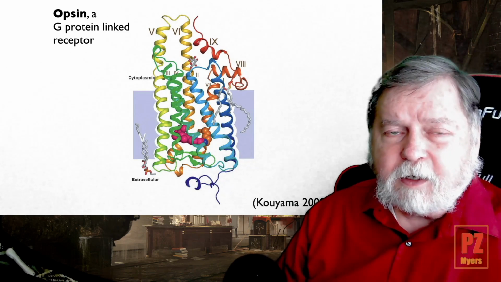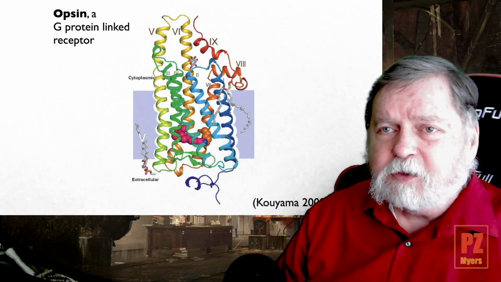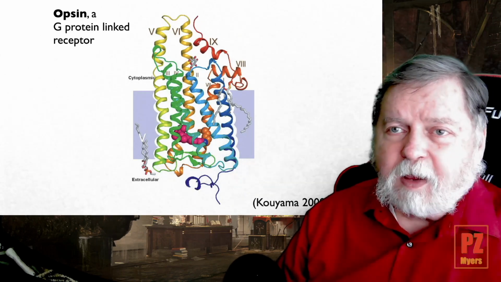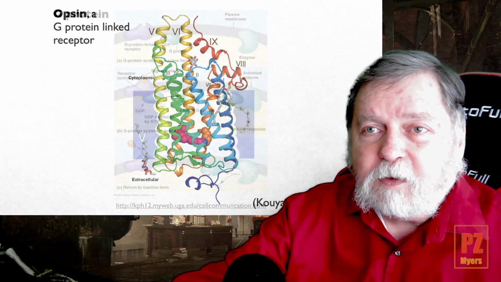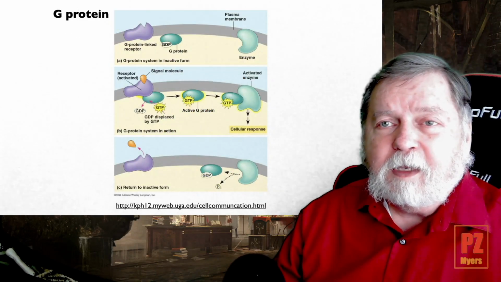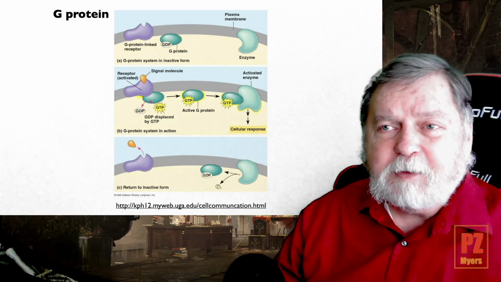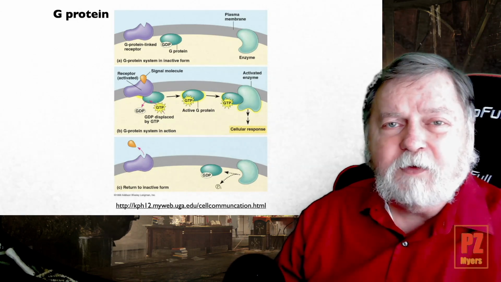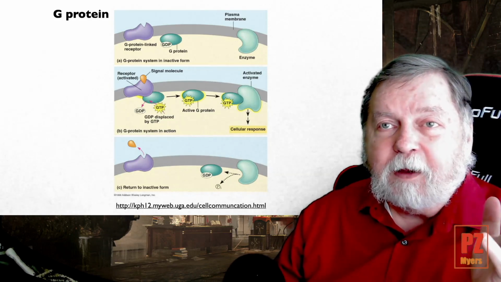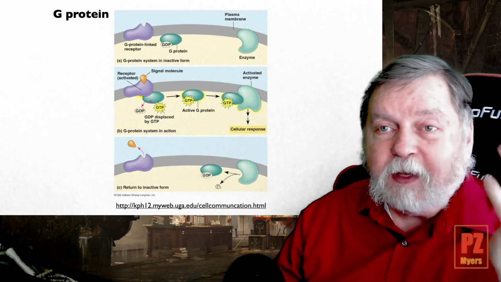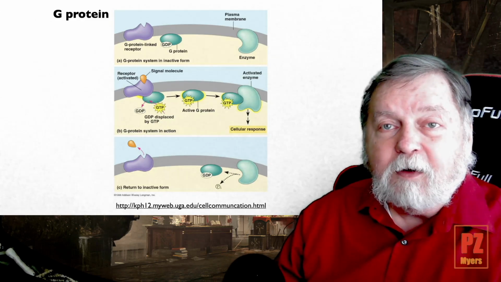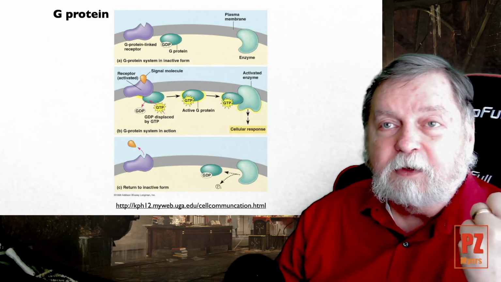So retinal undergoes a conformational change, triggers a related conformational change in opsin, and then opsin is going to activate a G protein. If you don't know about G proteins, G proteins are kind of awesome. G proteins are small proteins that are embedded on the interface of the cytoplasm of the cellular membrane, and what they do is they act as shuttles.